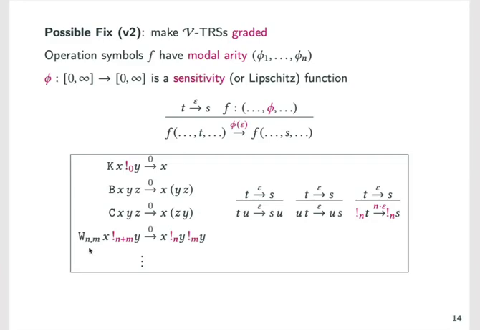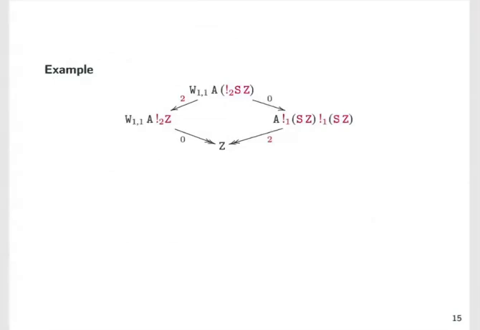And using those operation symbols, we can, of course, reintroduce the W combinator in a controlled way. And we see that with this solution, the counterexample to confluence that we had before is not a problem anymore, because when we reduce the successor of 0 into 0, producing a distance 1, the bang tells us that we have to amplify the distance by 2, so that we obtain a confluence diagram.